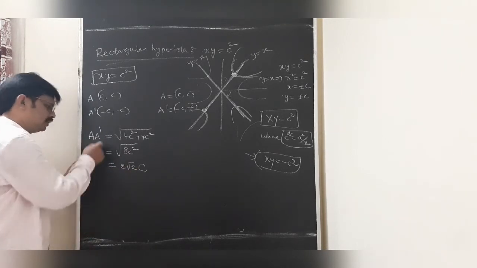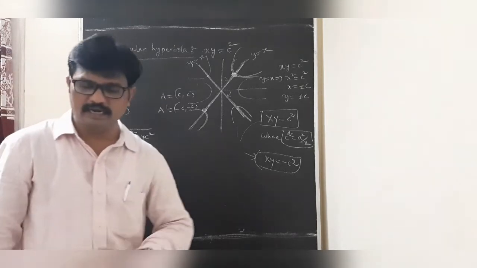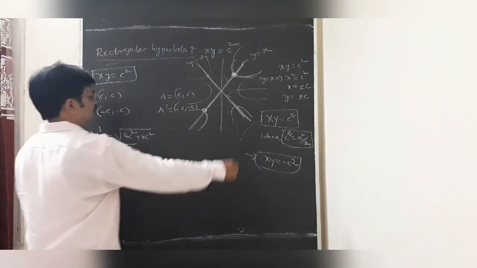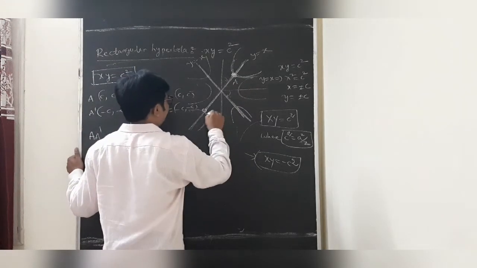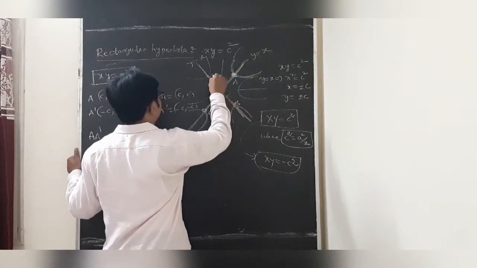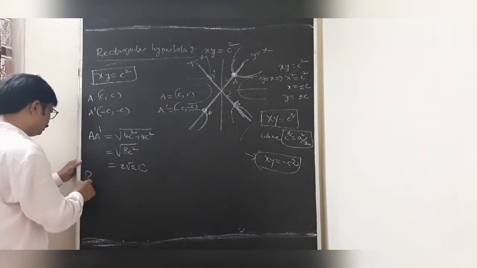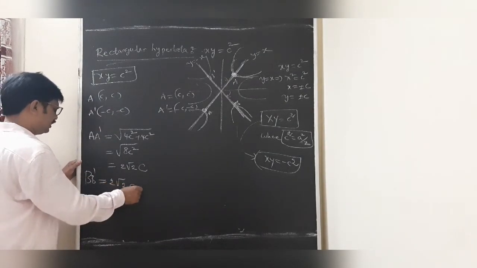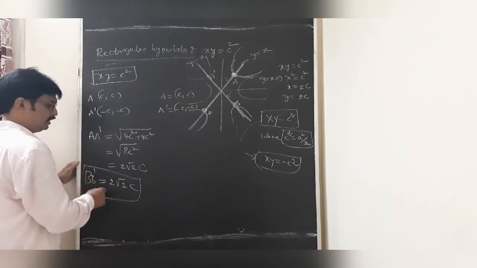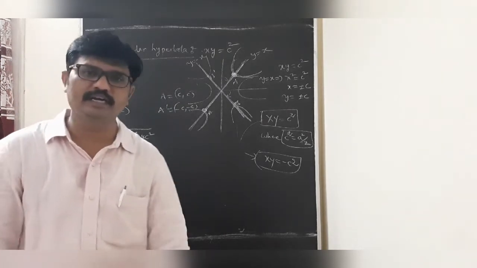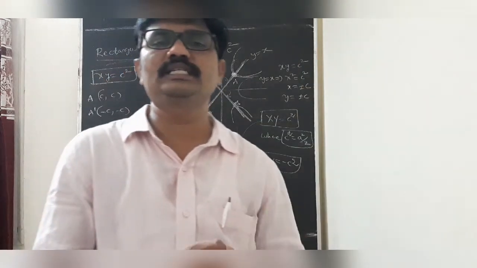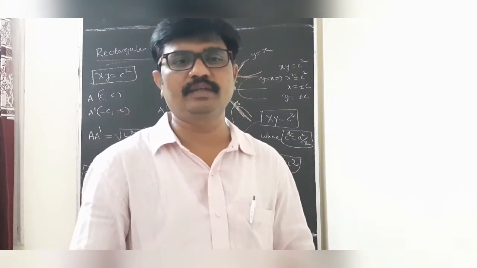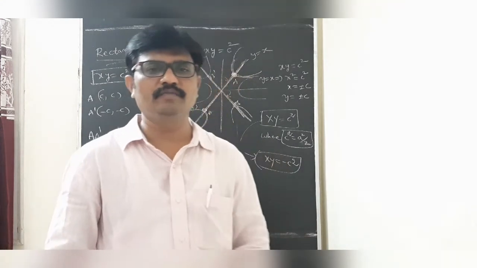My dear students, the length of the transverse axis and the length of the conjugate axis are equal. We have to know that in a rectangular hyperbola, the lengths of the transverse and conjugate axes are equal, and the eccentricity is always root 2.